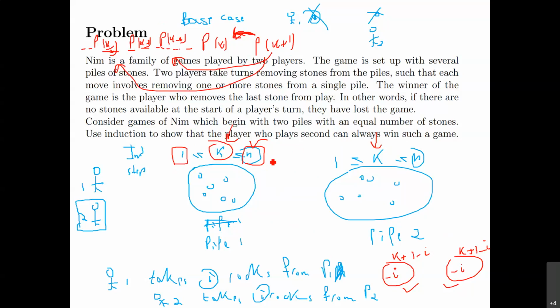This is the sort of problem where, if you try to use simple induction, it's not going to be enough. Because with simple induction, you only know that if you have a pile k and a pile k, player 2 will win. When you try to prove it for k plus 1, if they only take one rock from each side, you were done with the proof.